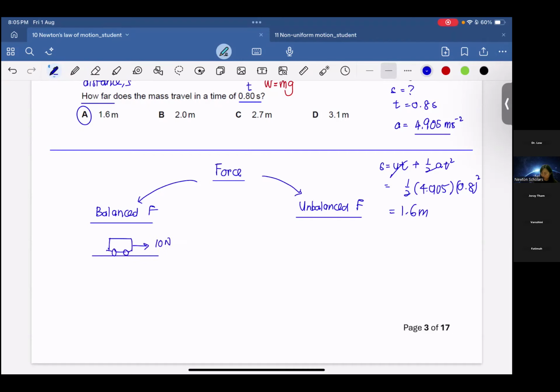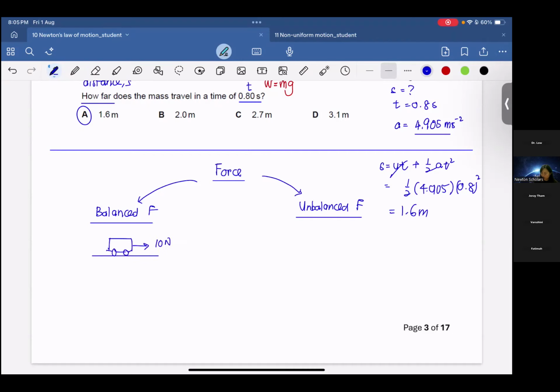If force is balanced, we have two types of motion: one is the object at rest, the other is the object moving with constant velocity or constant speed. This is balanced force.